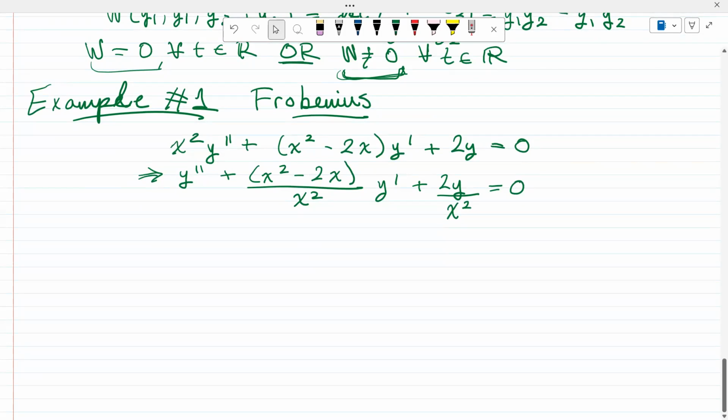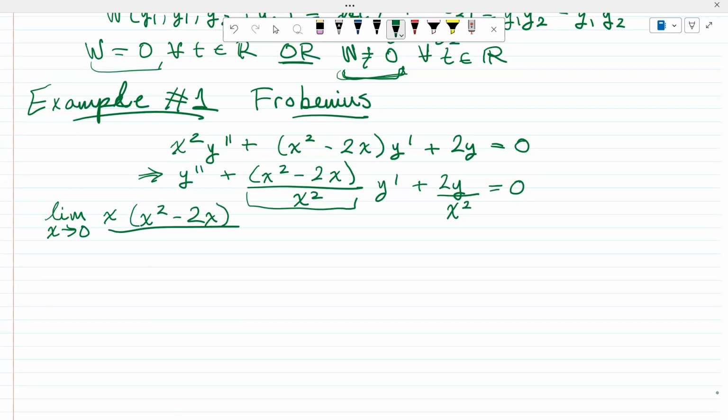So we need to take our limit as x approaches 0 of this expression right here multiplied by x. So we have x times (x squared minus 2x) divided by x squared.